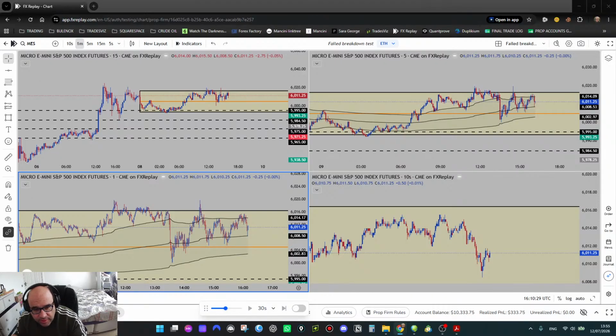Okay, I'm just going to put some tags because later, if I want to put the tags, I will know exactly which levels were tested. So I can actually see when the fail breakdown is stronger or weaker. And that will give me possible A plus setups, so I can maybe risk a little bit more.